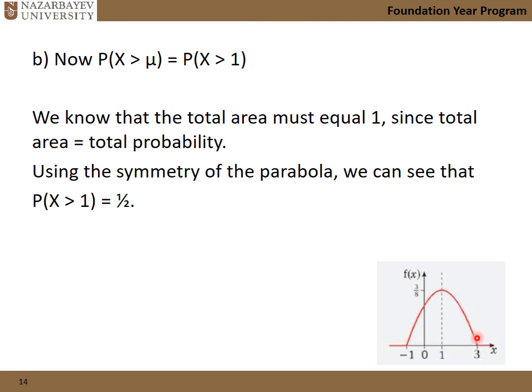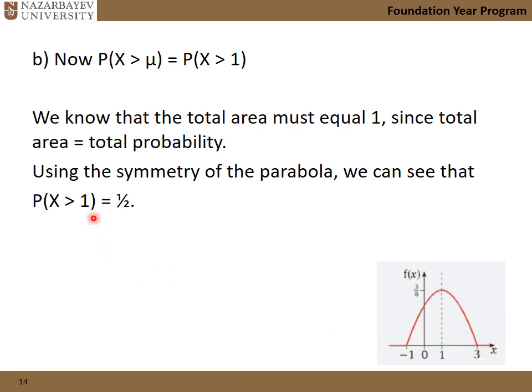And since this is symmetric, the area from this line to the right equals the area from this line to the left. So each area equals 50%, which is 1/2. So the probability for x greater than 1, meaning from 1 to 3, because after that there is no area covered by the function, is 1/2.